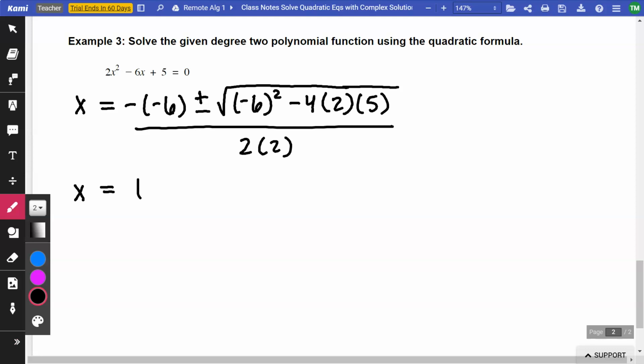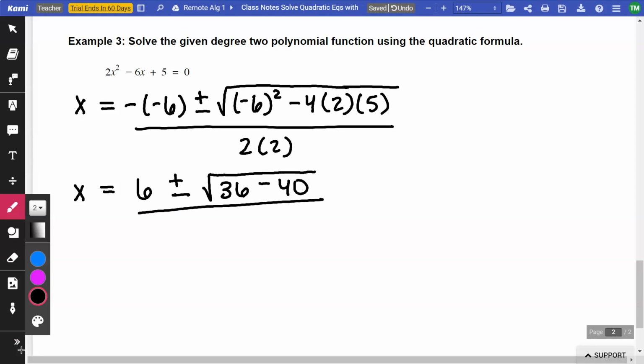The negative of negative 6 is 6 plus or minus the square root of negative 6 squared, it would be positive 36. Negative 4 times 2 is negative 8. Negative 8 times 5 is negative 40. All over 2 times 2, which is 4. x equals 6 plus or minus the square root of 36 minus 40 is negative 4, all over 4.